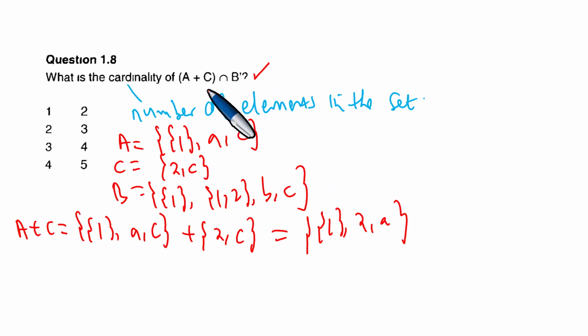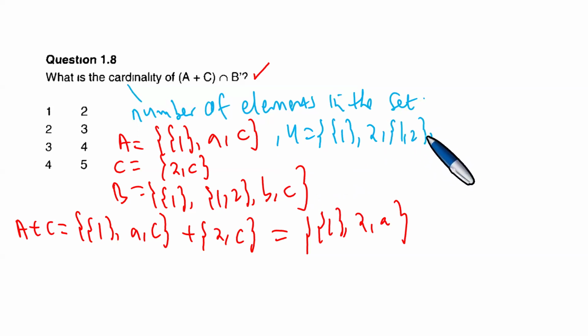Now with our analysis of this, we continue to look at things more. Now we look at the intersection with the complement of B. What would be the complement of B? Well, we need to remember something interesting about the universal set. What is the universal set? The universal set contains 1, it contains 2, it contains 1 and 2, but also it contains A, B, and C, like so. Now, we want the B complement, so let us find it to be able to find the intersection.